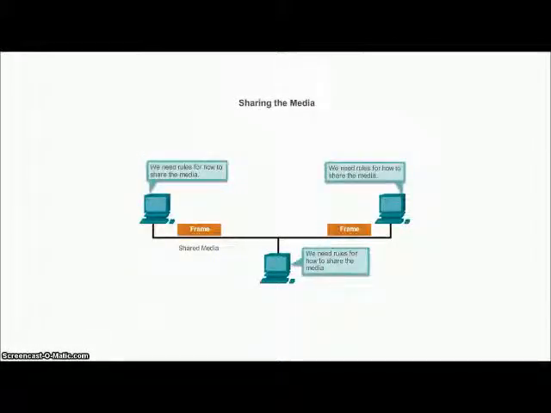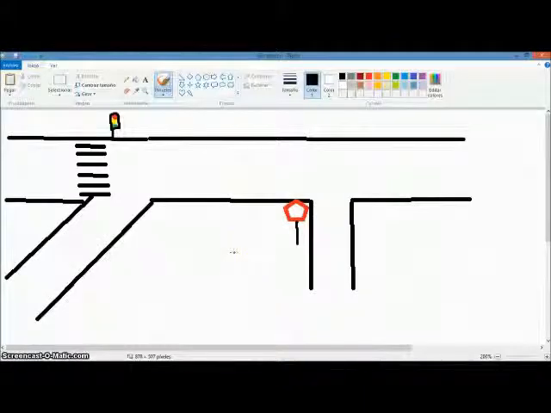Now let's see the media access control. Regulating the placement of data frames onto the media is controlled by the media access control sublayer. Media access control can be equivalent to the traffic rules that regulate the entrance of motor vehicles onto a roadway. For example, let's imagine the traffic here can enter in several ways.